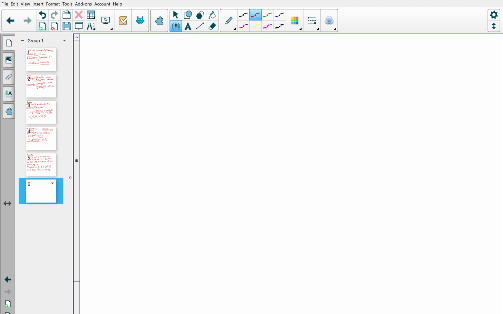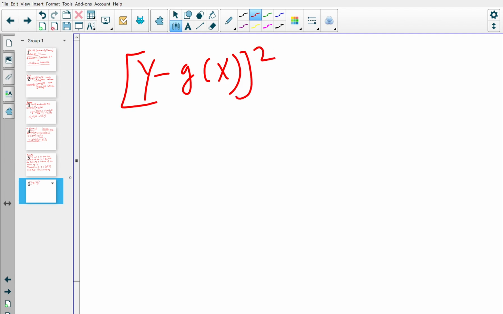What is the quantity? We have Y and then g(X), which is a function of X. So we can ask whether this expectation is minimum or not. So we are minimizing this quantity.